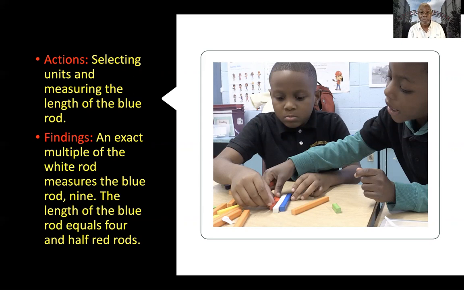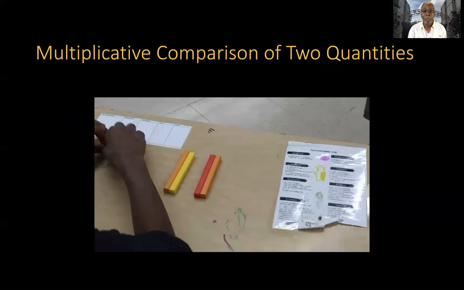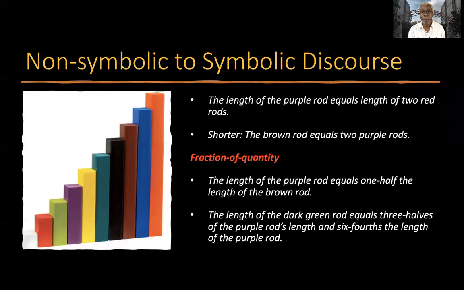That an exact multiple of the white rod can be used to measure the blue rod, but not the red rod. But the length of the blue rod is equivalent to 4.5 red rods. So the multiplicative comparison between two quantities becomes their idea of fraction.